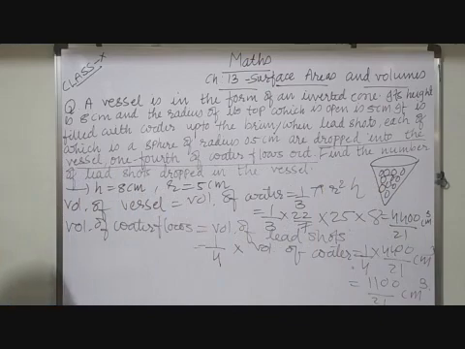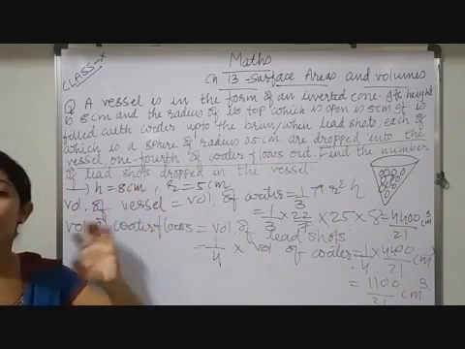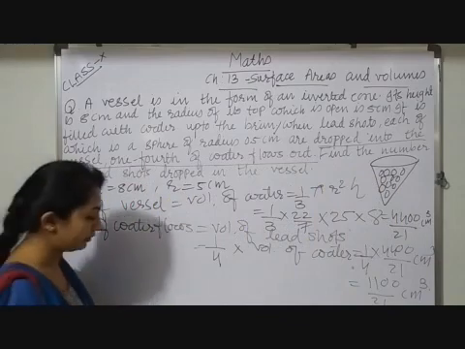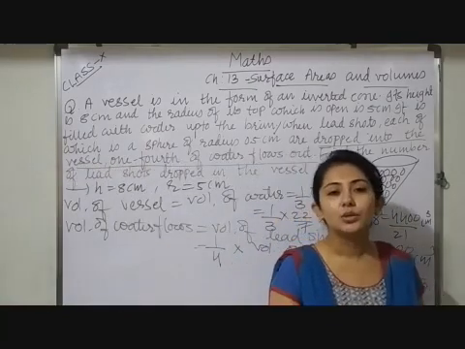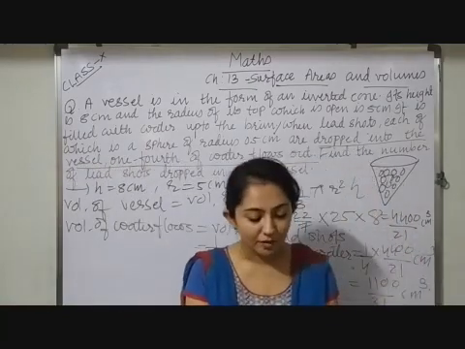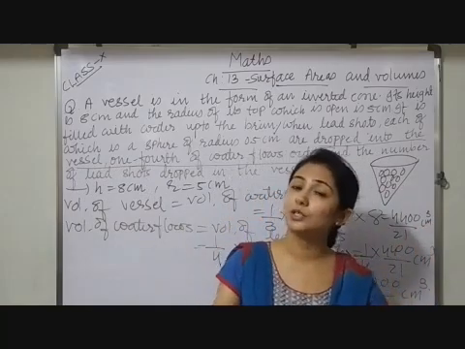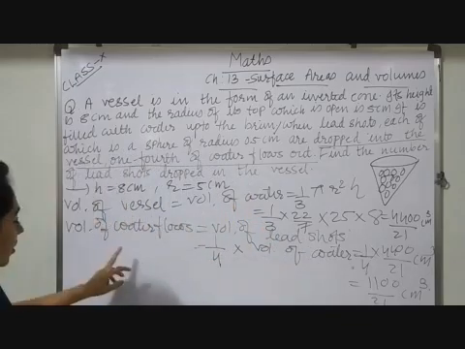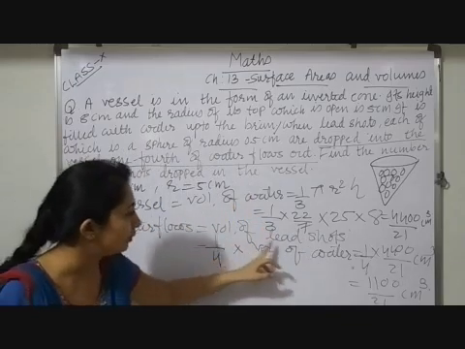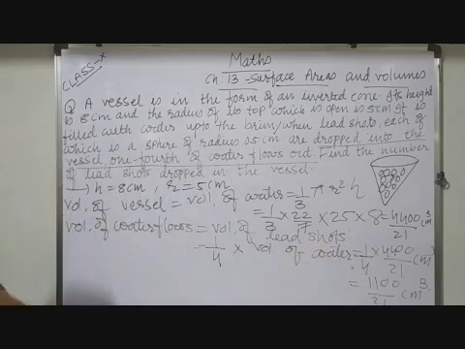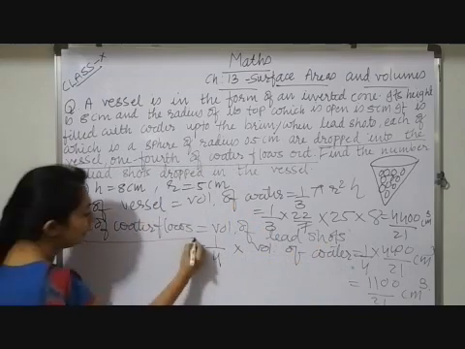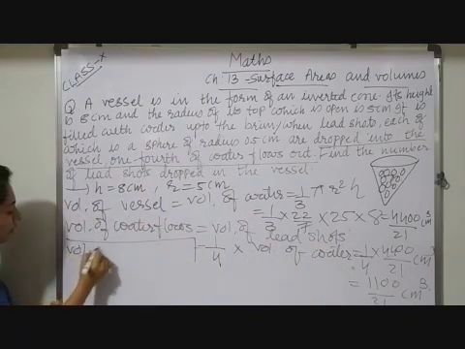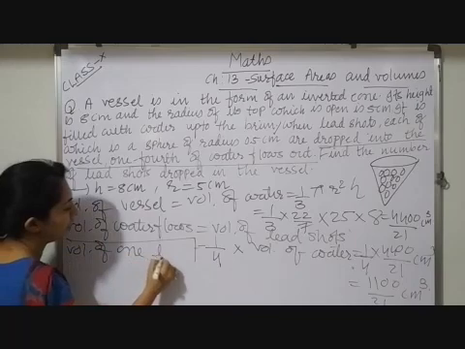Now after that I have to find the number of lead shots. To find the number of lead shots, I will find the volume of all lead shots upon the volume of one lead shot. The volume of all lead shots I have already calculated. Now the volume of one lead shot I have to find.